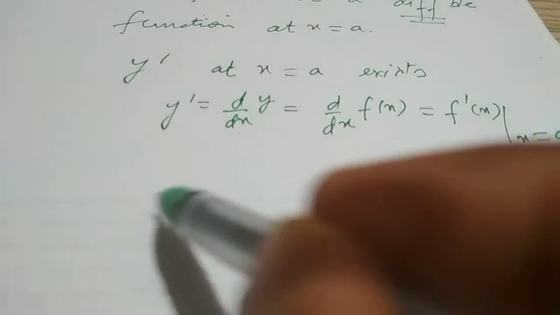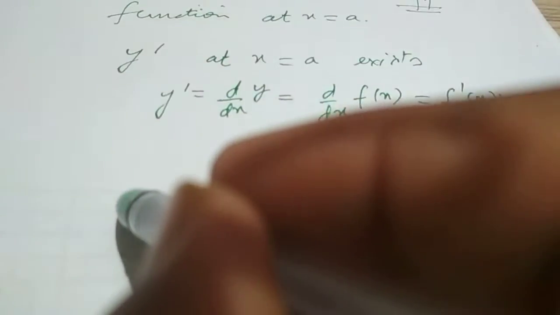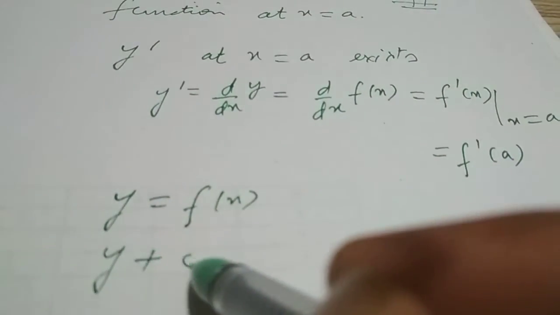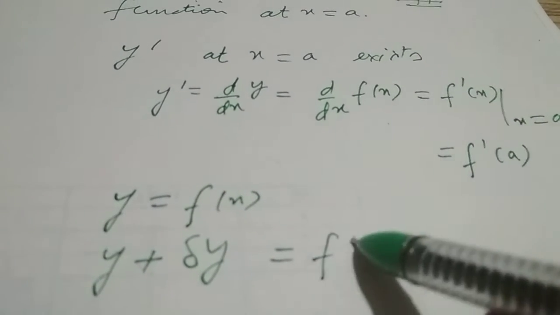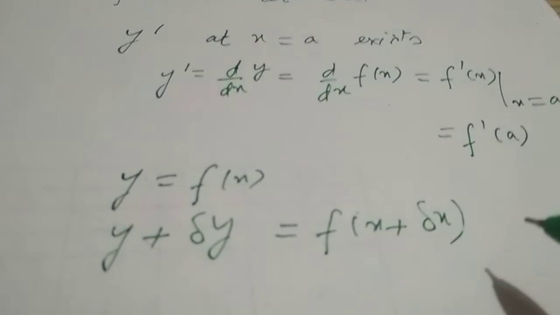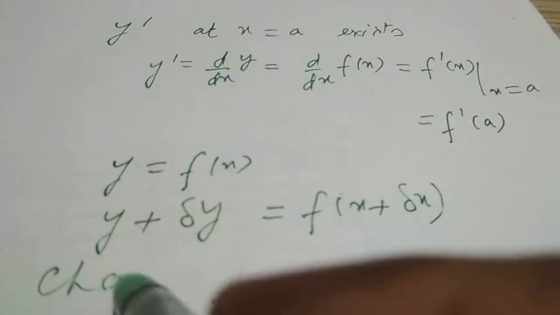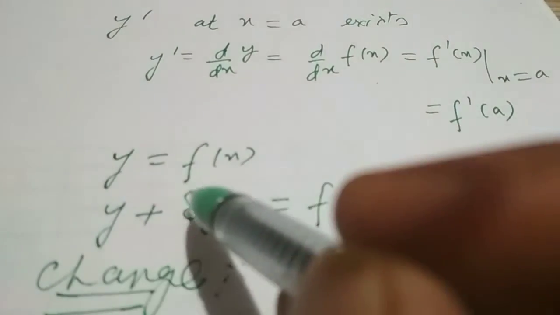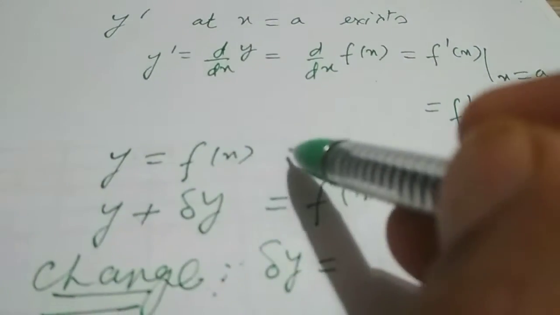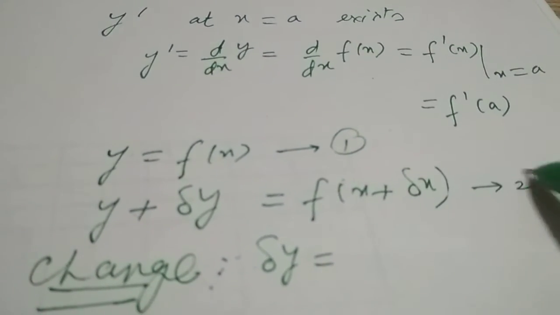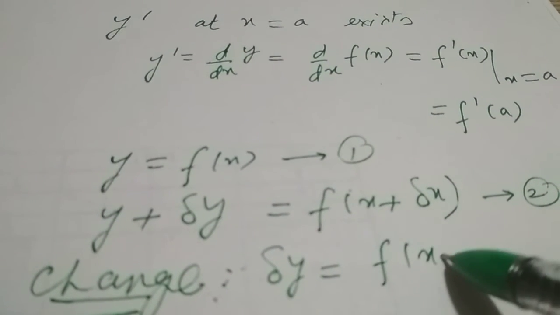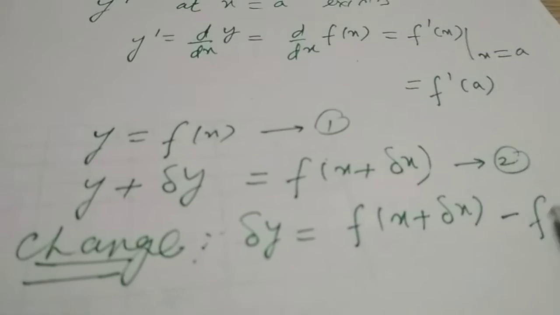If it is so, then using first principles of derivatives, as you remember, what we used to do, we used to take y equal to f of x. Then we used to take a change, y plus delta y is equal to f of x plus delta x. Then this infinitesimal change, which is delta y, is obtained by subtracting first equation from second equation: y plus delta y minus y, so it is f of x plus delta x minus f of x.